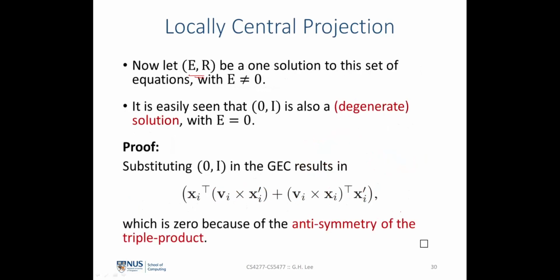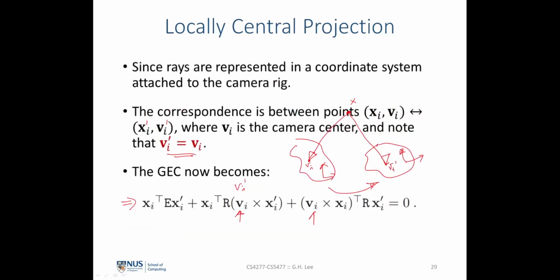And we can also easily see that 0 and identity, where the essential matrix equals 0 and the rotation matrix equals identity, is also a solution to the generalized epipolar constraint. This is because substituting the essential matrix to be 0 and the rotation matrix to be identity, this term cancels out.